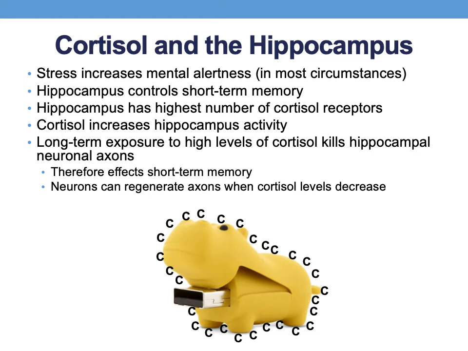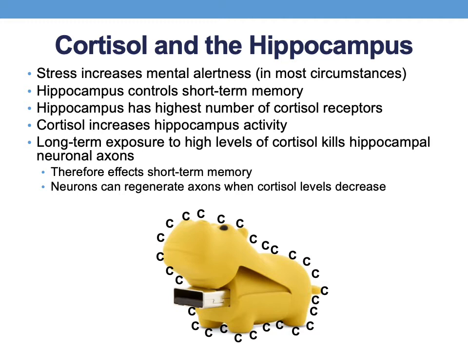The hippocampus has the highest number of cortisol receptors of any CNS tissue in the body. Cortisol increases hippocampus activity. Long-term exposure to high levels of cortisol kills hippocampal neurons. Therefore, it affects short-term memory.